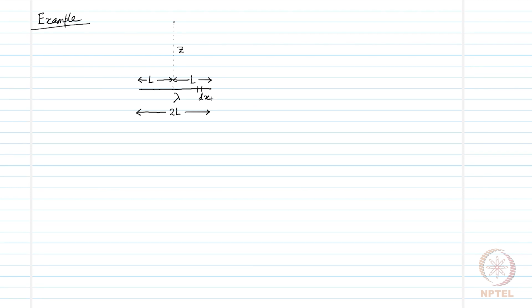The position vector of our point of observation P can be given as r, where r is z cap, and the position vector of this little line element that we have here can be given as r prime, where r prime is x cap.